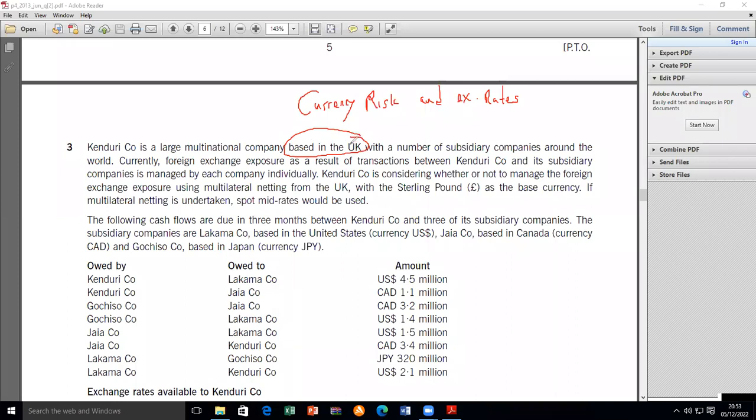we need to check the country where the company is based, because that would tell us which one is a foreign currency and which one is a domestic currency. And therefore, which one are we hedging? It will also tell you whether you're using an indirect or a direct quotation.